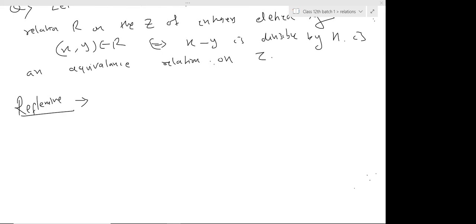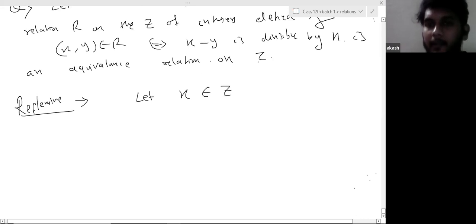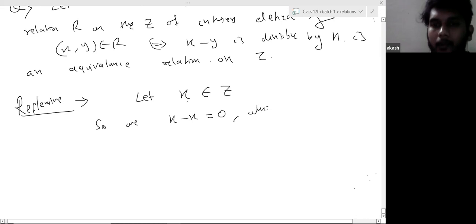So how to prove reflexive? We can say that let x belongs to Z, because R is on Z, the integers. So let x belongs to Z. So we know x minus x is equal to 0, which is divisible by n. 0 is divisible by any integer.